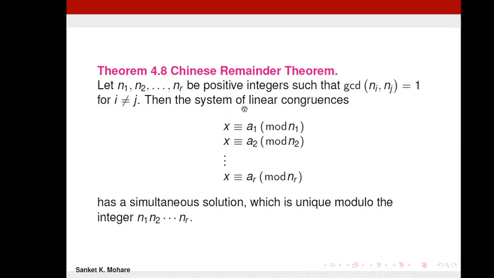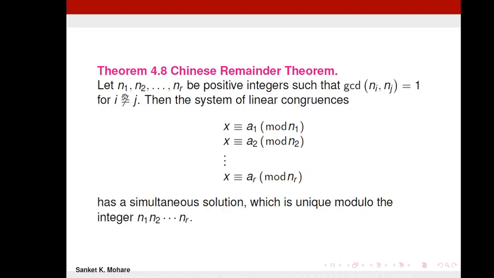Then the system of linear congruences x is congruent to a1 modulo n1, x is congruent to a2 modulo n2, and so on, x is congruent to ar modulo nr, has a simultaneous solution which is unique modulo the product of these integers, that is n1 into n2 up to and so on into nr.